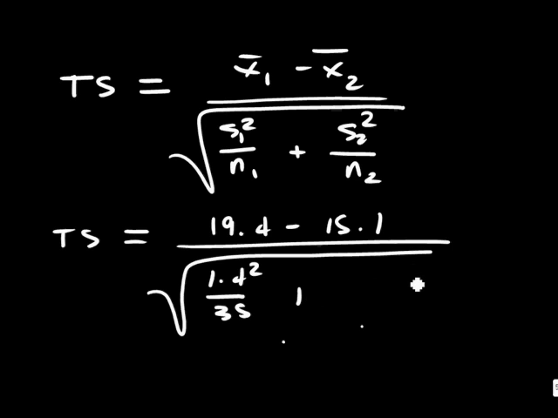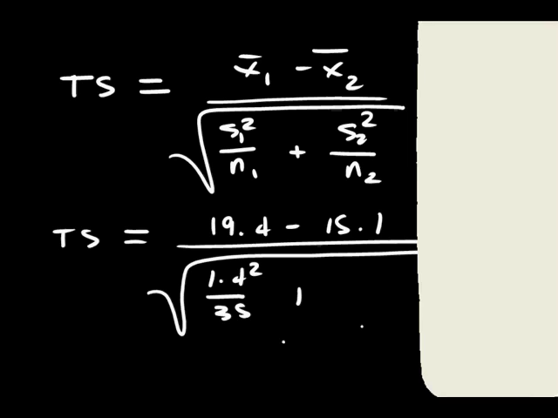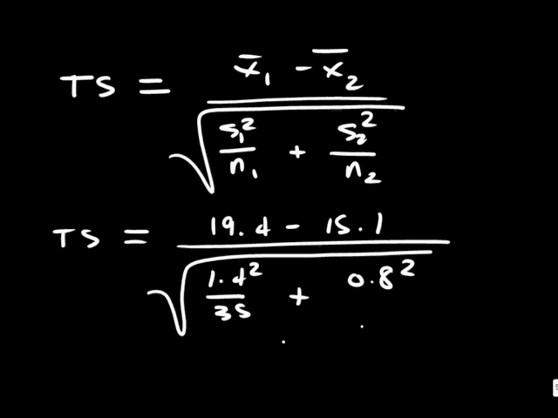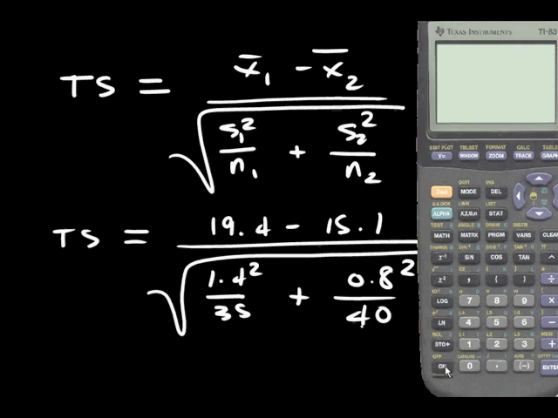Let's enter this in our calculator. Parentheses 19.4 minus 15.1. Close the parentheses, divided by square root. Now we have another set of work to do. 1.4 squared divided by 35.